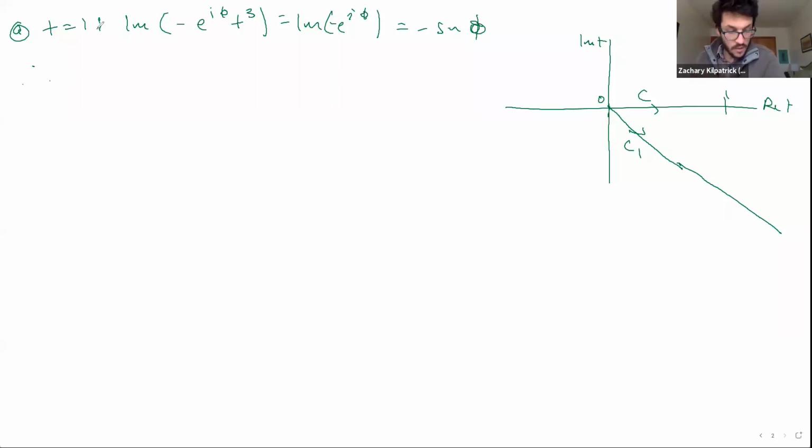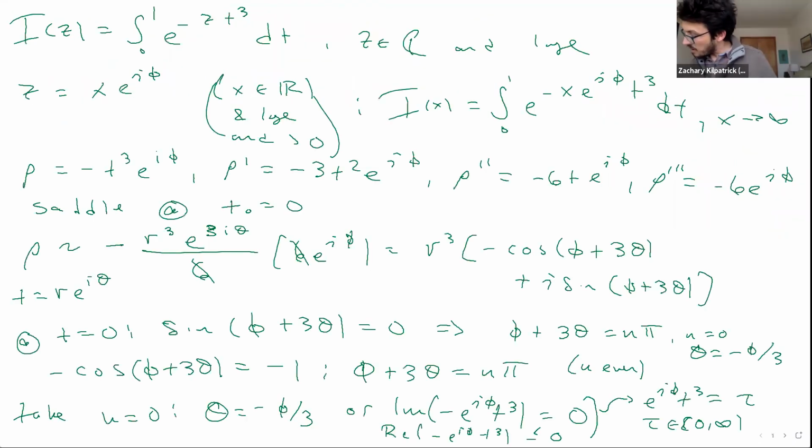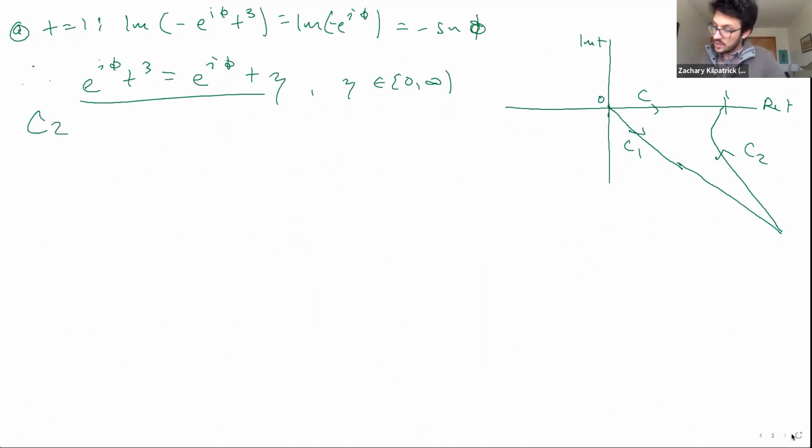So therefore, we have that e to the i phi t cubed is equal to e to the i phi plus just some real perturbation, which we can take. We need to join back from 0 to infinity. So that's going to be a curve that looks sort of like this, okay? And that's going to be our C2 there, okay?